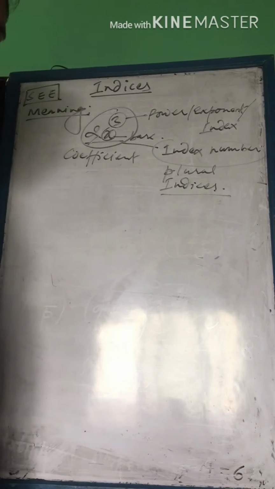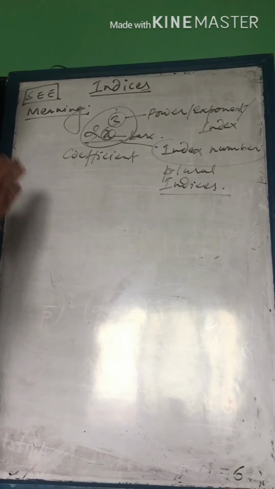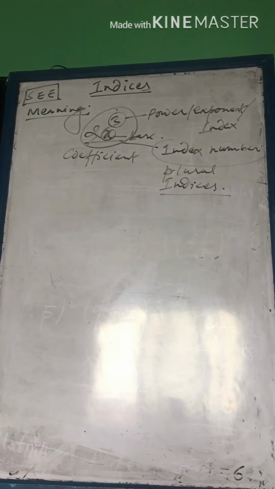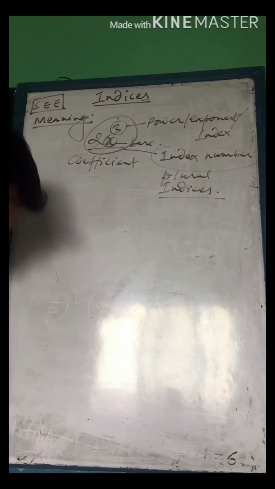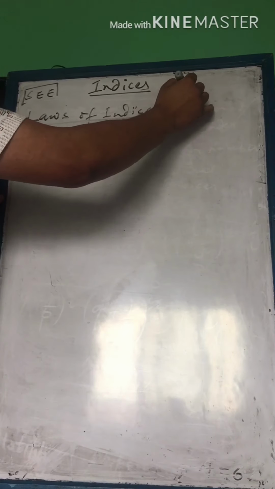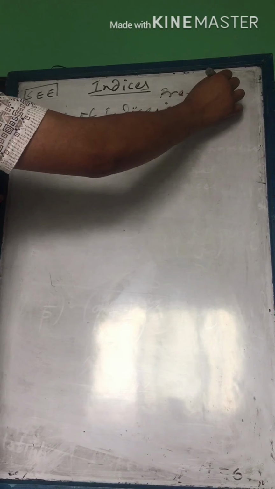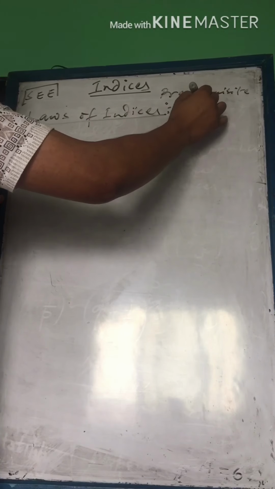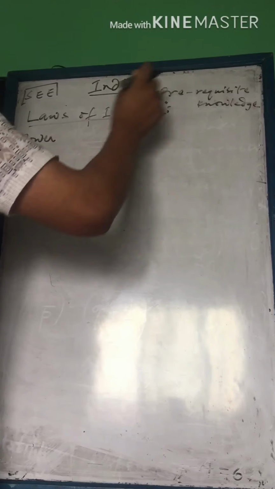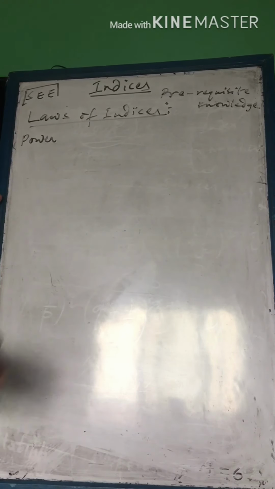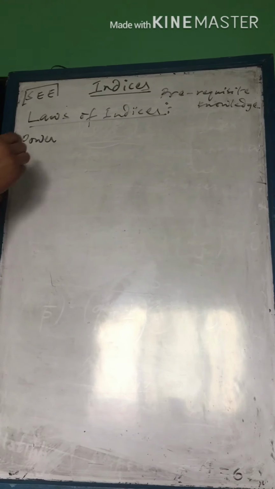We will be discussing that now. This is prerequisite knowledge, because you have learned this in a previous class. Just a hint, in short I'll tell you what these laws are.